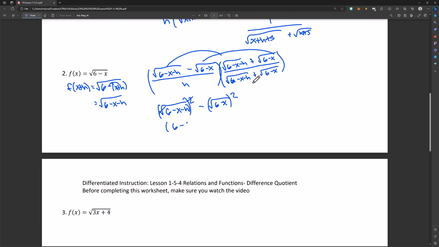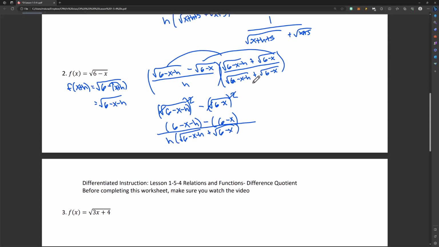So 6 minus x minus h. Square root and the square are going to cancel out. So minus 6 minus x. And it's over h times the square root of 6 minus x minus h plus the square root of 6 minus x.